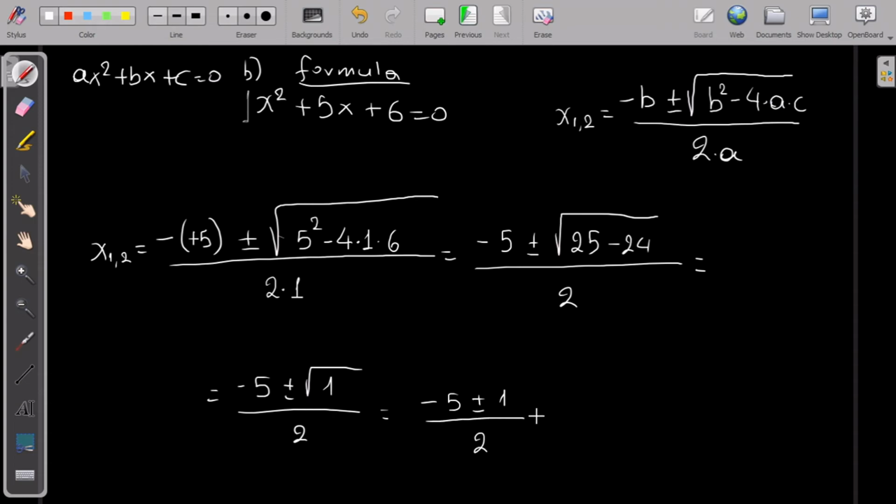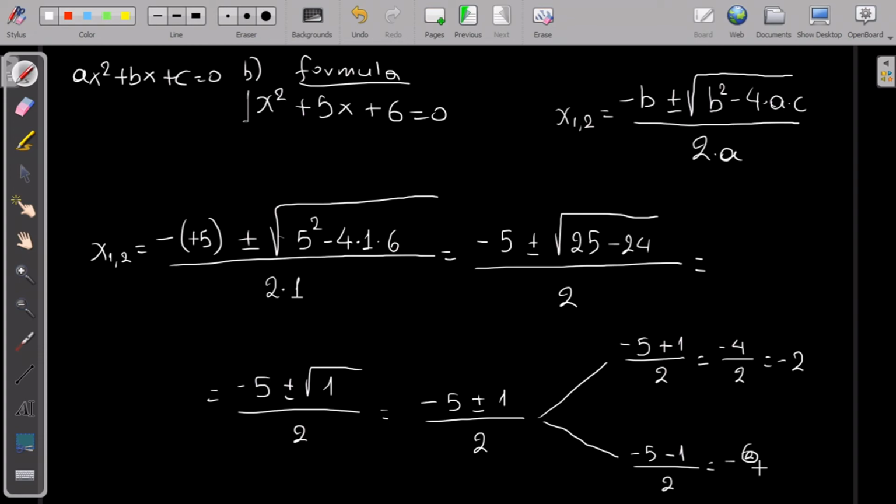So here I have two solutions. One is minus 5 plus 1 over 2, where I take the plus part. And the other is minus 5 minus 1 over 2. Minus 4 over 2 is minus 2, and the other one is minus 6 over 2, which is minus 3.